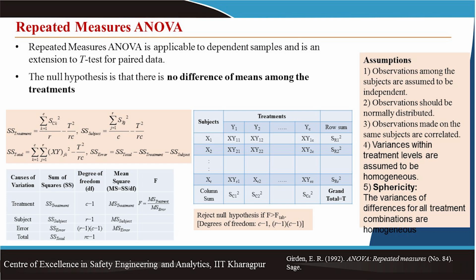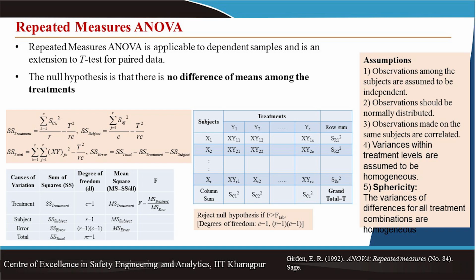Whatever way you define it, the key issue is that subjects are exposed to different treatments and introduce variability at the same time, but you want to identify the treatment's effect, whether the treatments are really effective or not. So, for that purpose you need certain mathematical tools, and that is what we are discussing as repeated measures ANOVA.